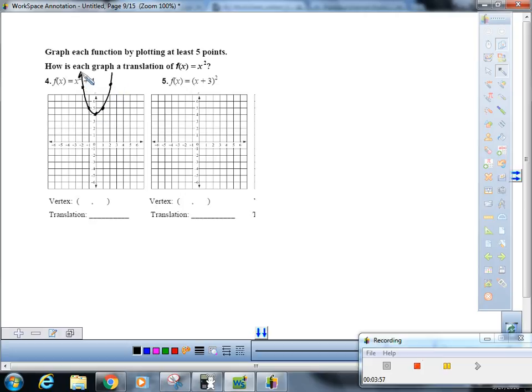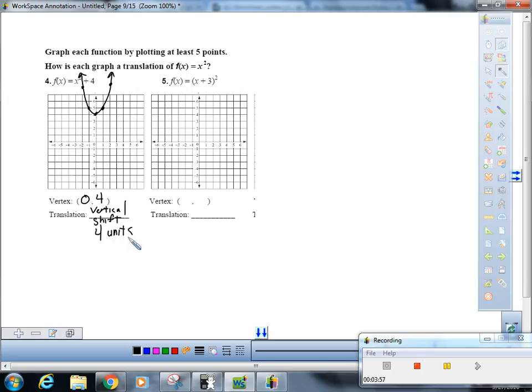This is symmetric to the y-axis. Okay, so our vertex is the point 0, comma 4. Our translation is a vertical shift 4 units.